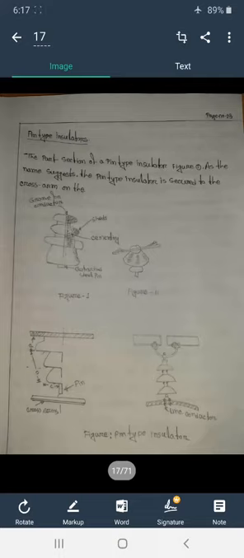As the name suggests, the pin type insulator is secured to the cross arm of the pole. This is figure 1, the pin type insulator.